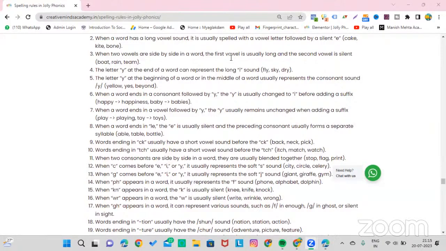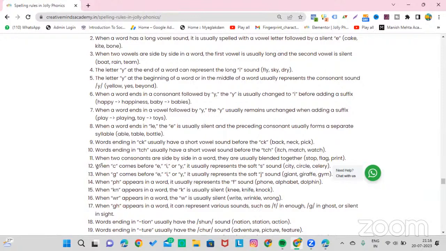So, st, fl, cr. You cannot split them in syllabication. They will always come together, right?